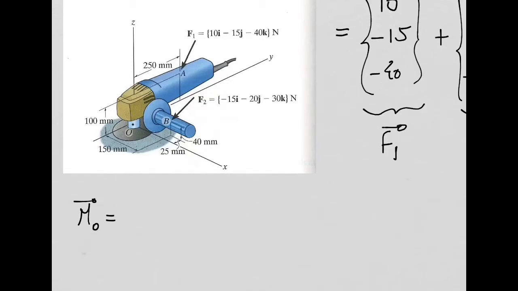We need to define a position vector connecting point O with point A. So we need to have this position vector starting at O and going all the way to our point A. This position vector, I will call it ROA.